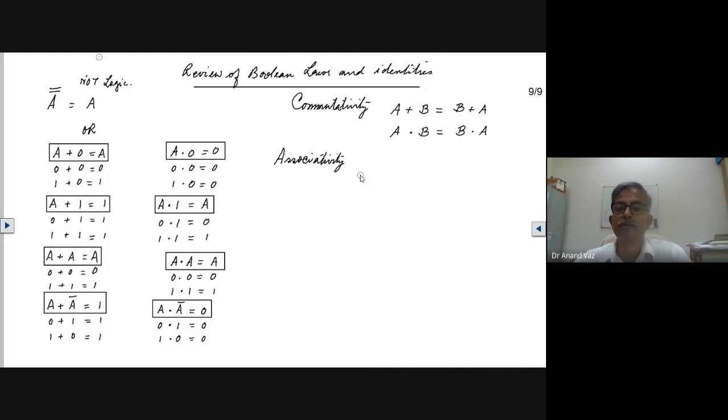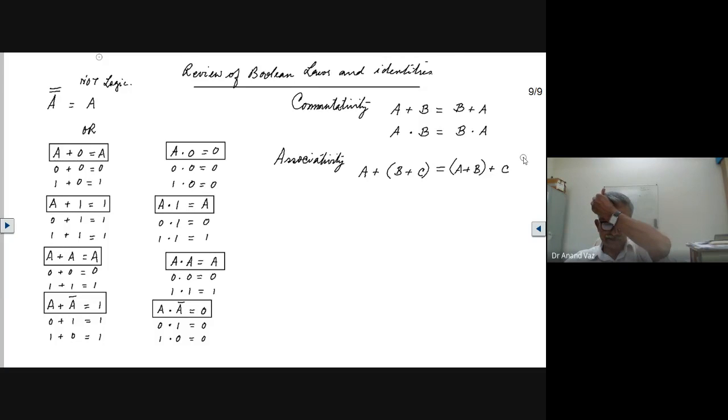So here, if you have A or B or C, here you are associating B or C as one operation first and then doing it like this. You can also treat it the same as A or B or C. Okay.